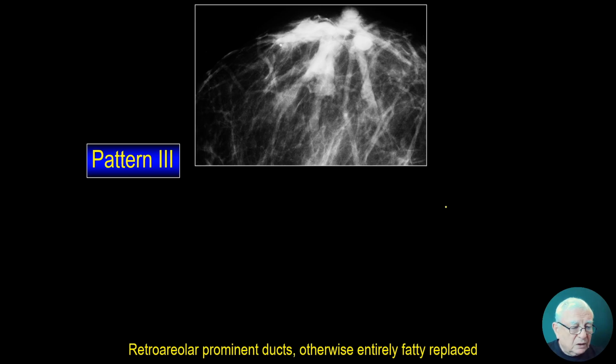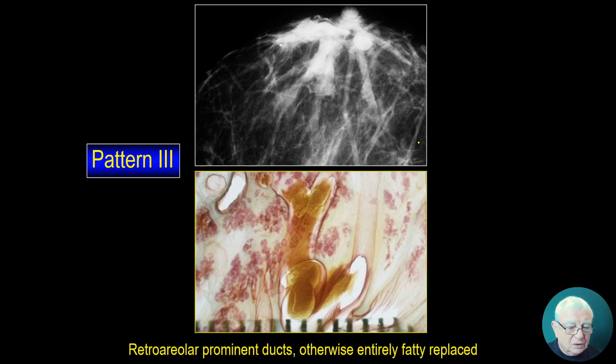Pattern 3, when you see these retroareolar distended ducts, and what distended duct? Fluid, or cancer, or fluid caused by cancer. Now these are usually inspissated material, very thick viscous fluid in the retroareolar ducts. Ultrasound is a godsend, highly proteinaceous, too viscous to come out through the surface of the nipple.